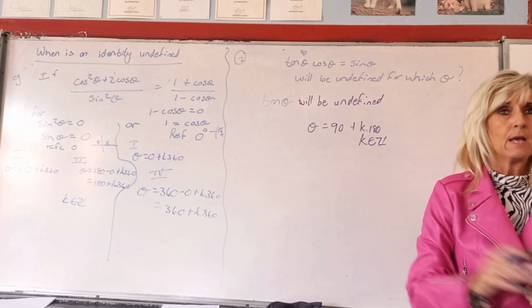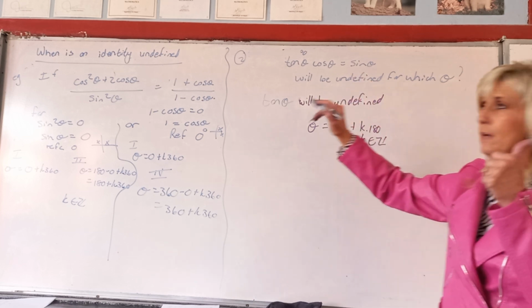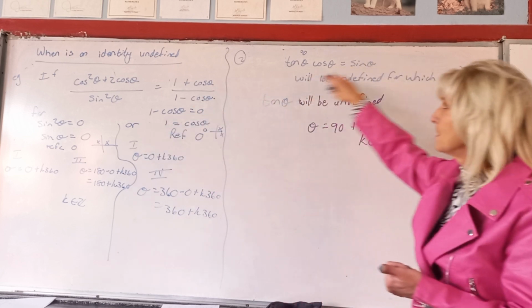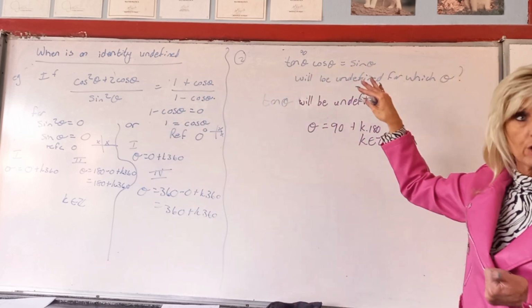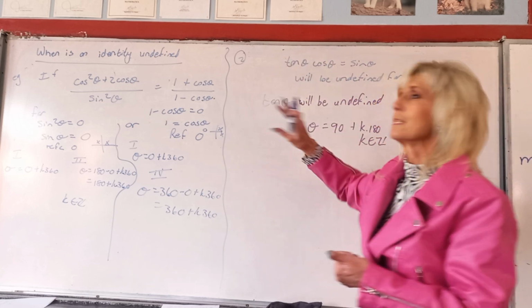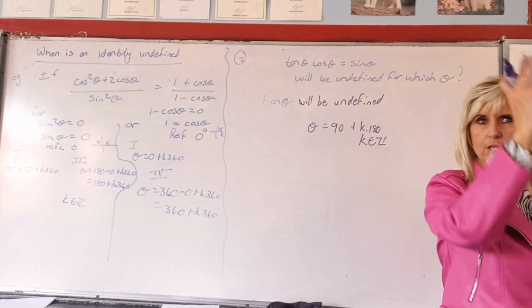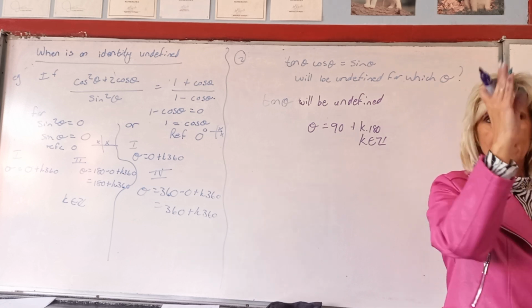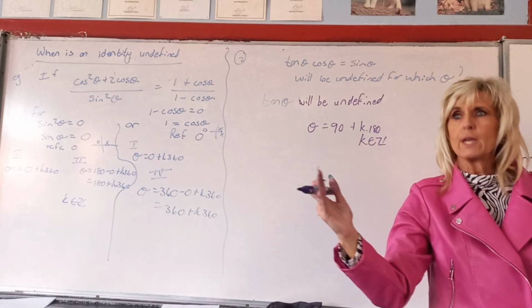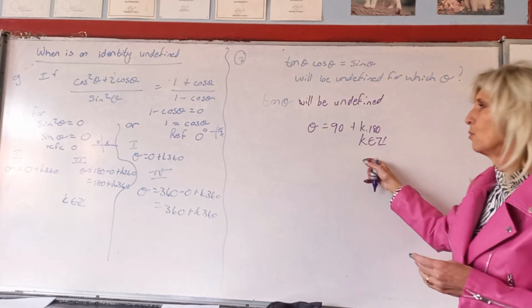Sum done. But the moment that you have a denominator, you've got a problem if the denominator is 0. Even if there is no denominator, you've got a problem if there's a tan. So you must make sure tan does not become undefined, that it's not on its asymptotes. The asymptotes being 90, and then every 180 and minus 180 because of the period.